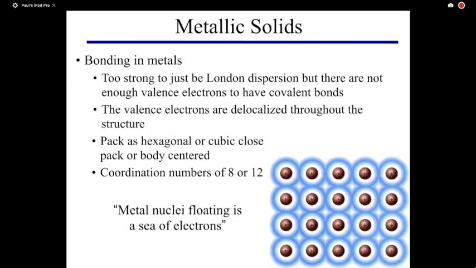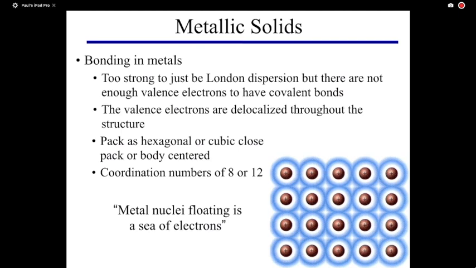Metallic solids usually pack hexagonally or close cubic body center, coordination numbers of 8 or 12. And so they pack really, really tightly. The bonding is different. We don't share electrons between the nuclei that are trapped between the nuclei. The nuclei have electrons that are flowing freely through the entire course of all of the metal. And so they share many more electrons, but a little bit weaker for each of them because the electrons can actually move from atom to atom.